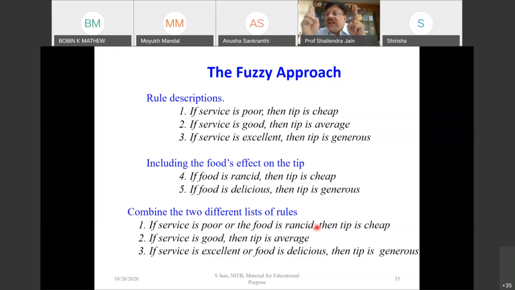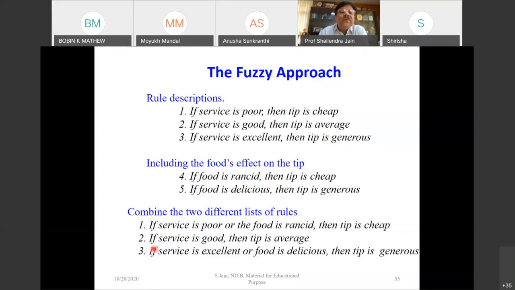Whereas if the waiter is writing the rule, in this case, giving service is his duty, food quality is not. Food quality is based on the cook who is preparing the food, based on the raw material used by the owner. So if the waiter is writing the rule, he will write, if service is poor or food. In either case, he will get the tip.